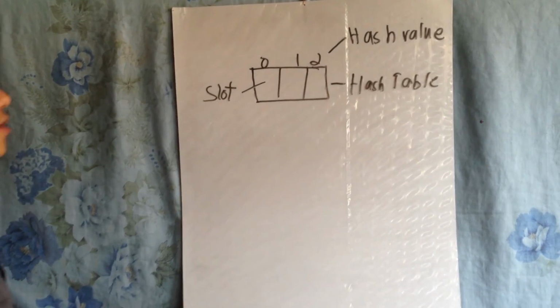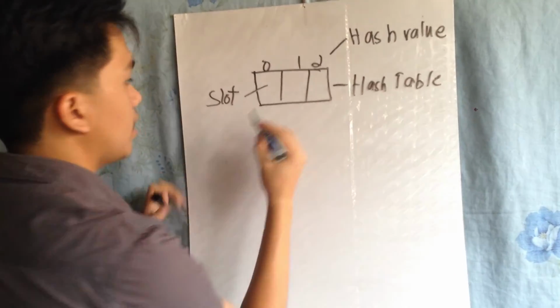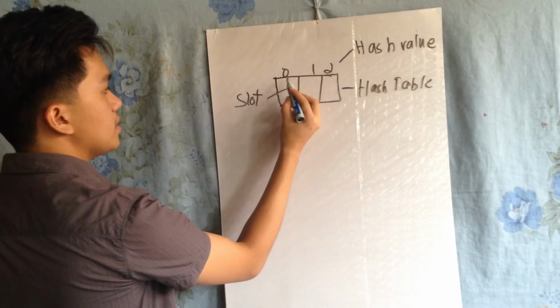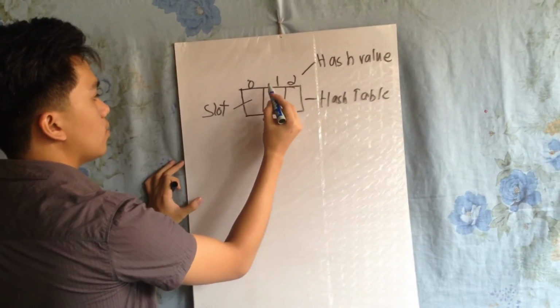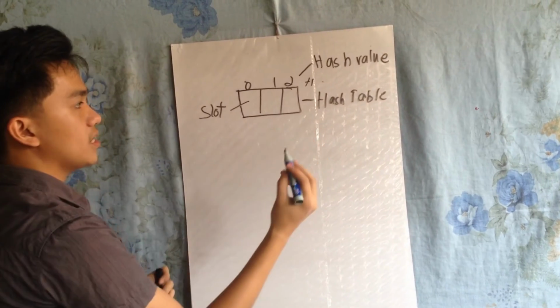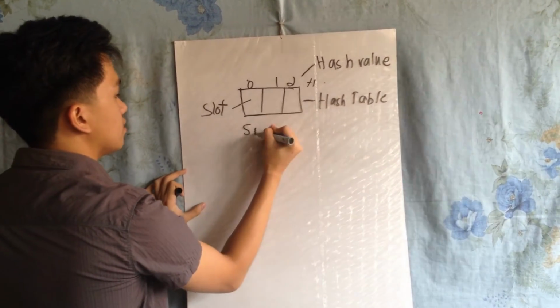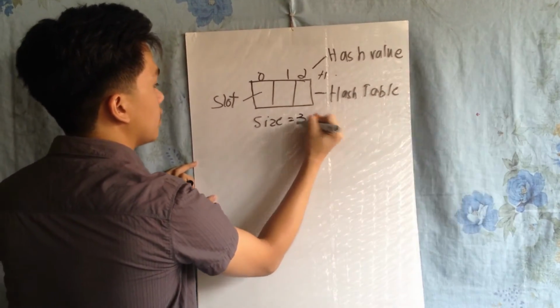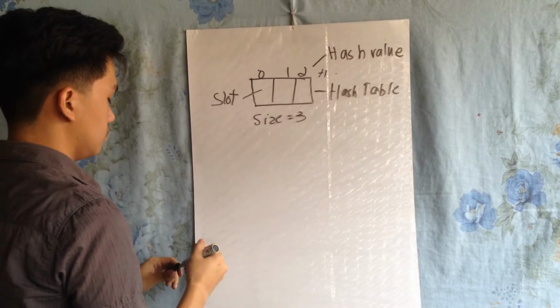Every hash table, meron din yung size. Para makuha si size, magbe-base ka lang sa hash value: 0, 1, 2, plus 1. Magpa-plus 1 ka lang, and makukuha mo na yung size. Size is equals to 3. So ngayon, magbibigay ako ng example kung paano kuhain yung hash function.